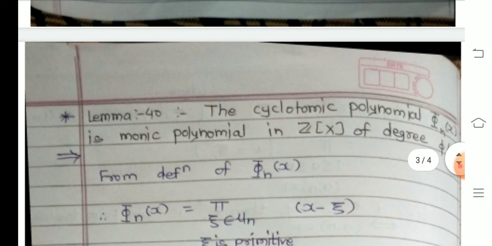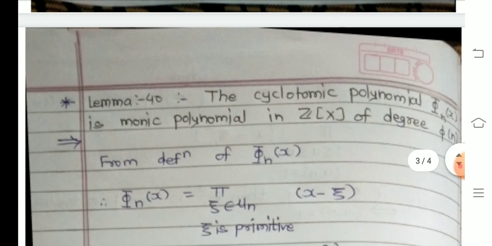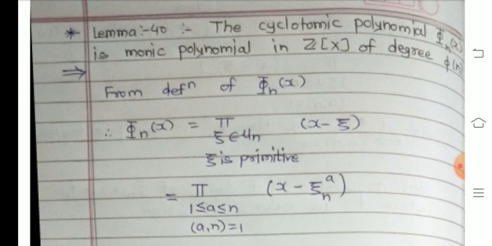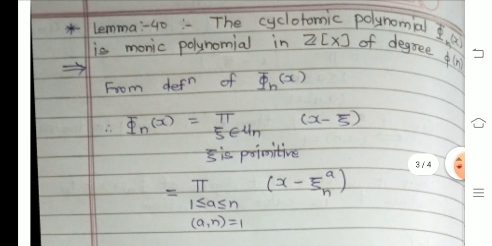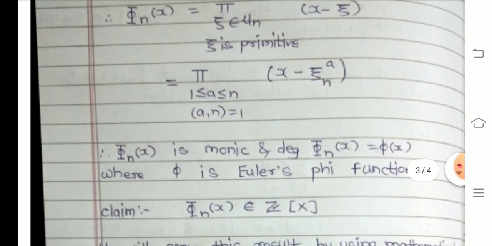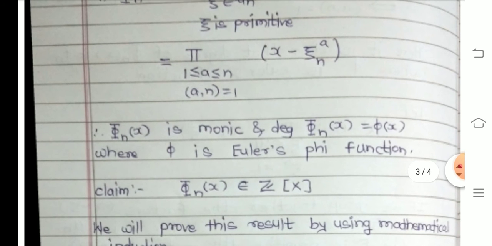From the above result, from the definition of Φ_n(x), we know that Φ_n(x) equals the product over ξ belonging to U(n), the set of all nth roots of unity, with ξ primitive, of (x − ξ). Then Φ_n(x) equals the product over 1 ≤ a ≤ n with gcd(a, n) = 1 of (x − ξ_n^a). From the above definition, Φ_n(x) is monic and the degree of Φ_n(x) equals φ(n), where φ is Euler's phi function.